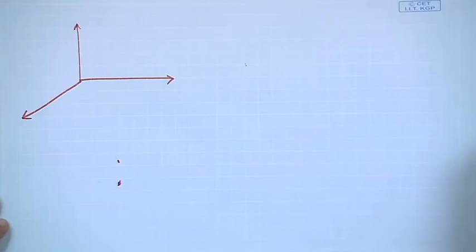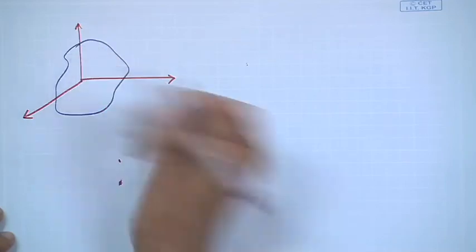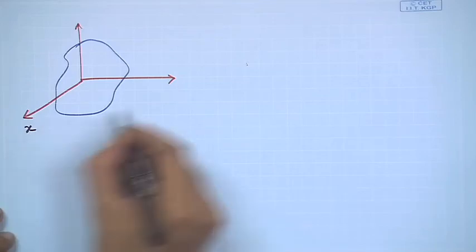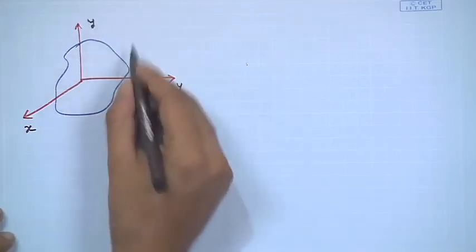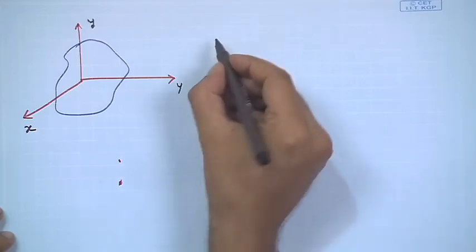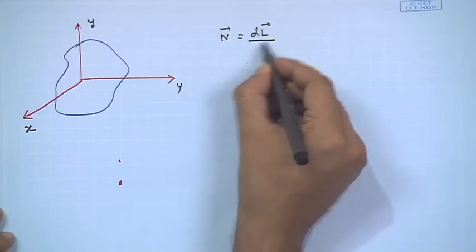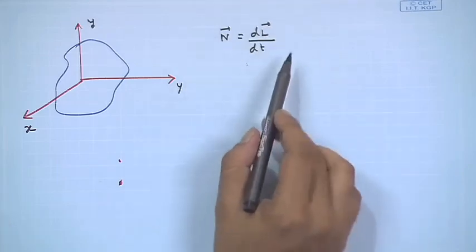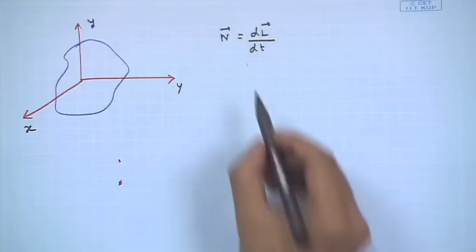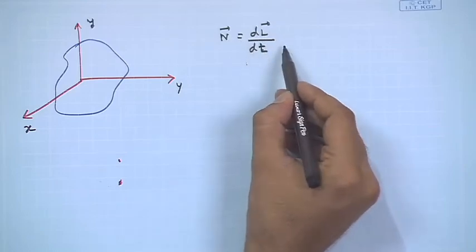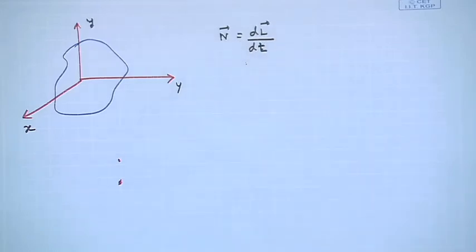Let us say this is the rigid body in question, and we have written equations of the form N equal to dL/dt. Strictly speaking, we have not done much with these equations yet, but we have seen that total external torque N is equal to the rate of change of angular momentum, and that equation is strictly valid from the space set of axes.